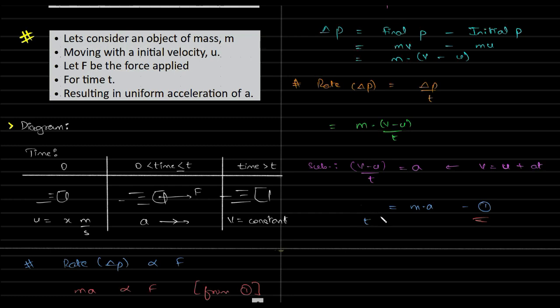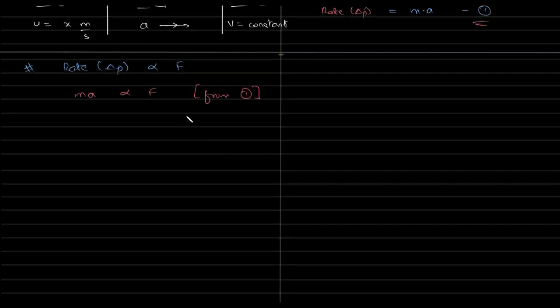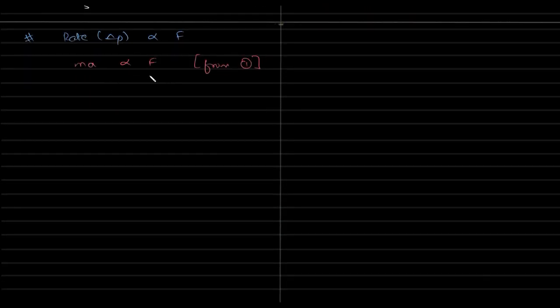Instead of this, I can write rate of change in momentum is equal to m into a, and so, substituting it over here, we have m into a is proportional to F. Now, when you remove a proportionality symbol, we get a proportionality constant. So k is your proportionality constant.